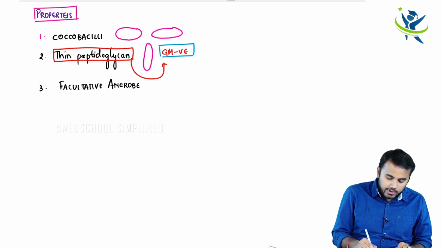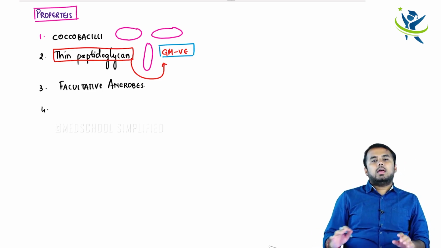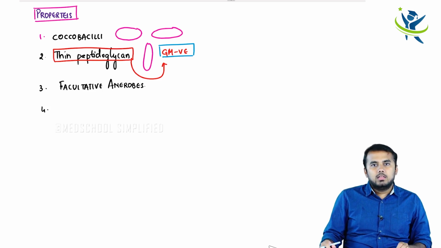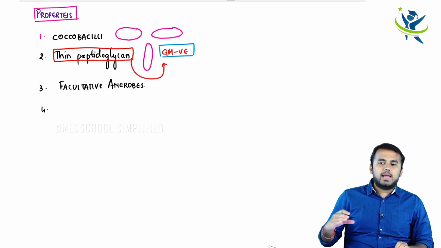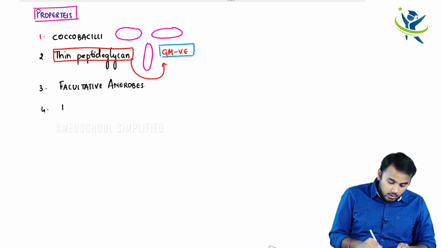The fourth important thing is that this bacteria does not have any kind of flagella or cilia. If it does not have flagella or cilia, can this bacteria move? No, it cannot move. So this bacteria is called non-motile.